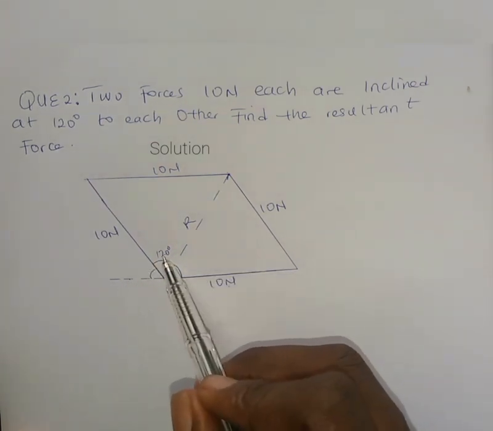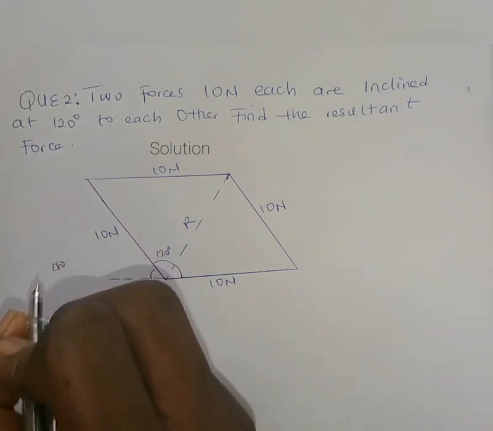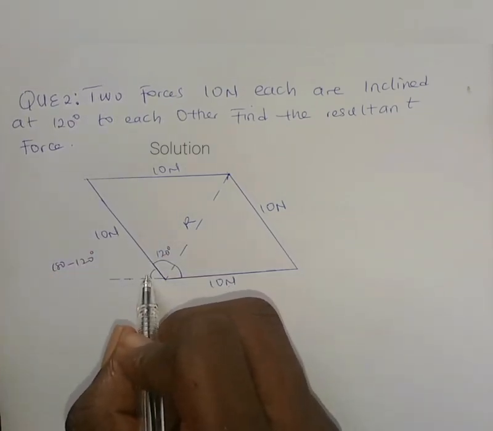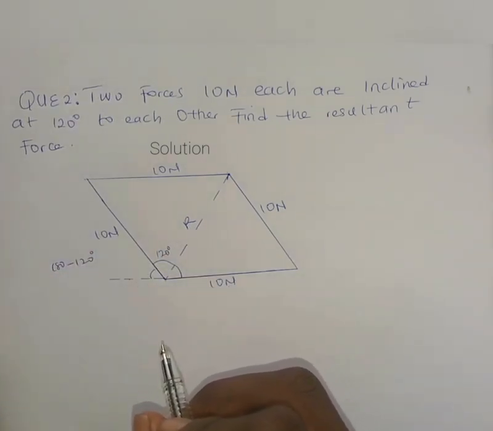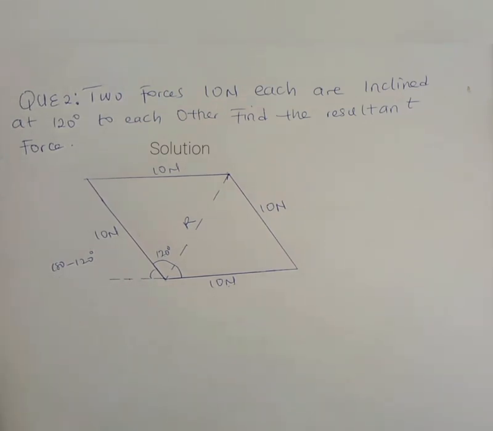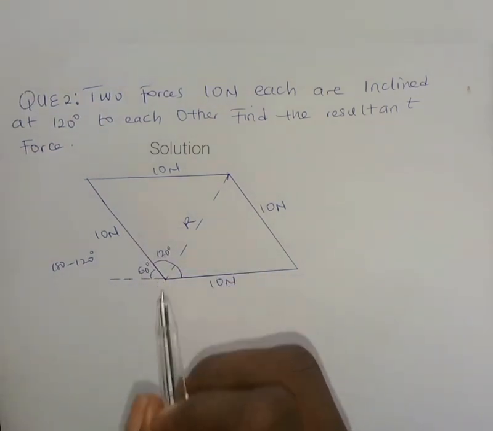So if you take away 120 from 180, you have this angle. So 180 minus 120 degrees, you have this angle. Why? Because all angles on a straight line are 180 degrees. So taking away 120 from 180, we have 60. So this side is 60 degrees.